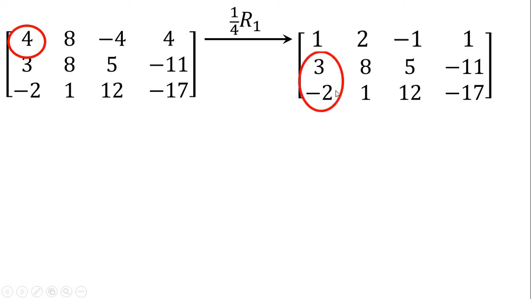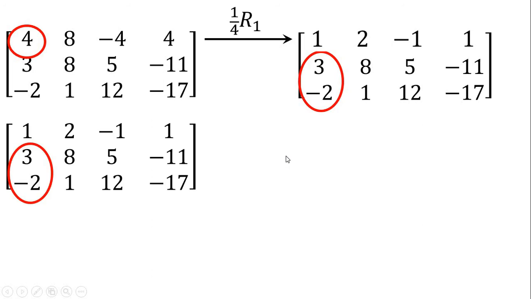After that, our strategy is to obtain zeros immediately below the leading entry 1. And how do we do that? We multiply appropriate constants to the first row and add that to the rows below it.